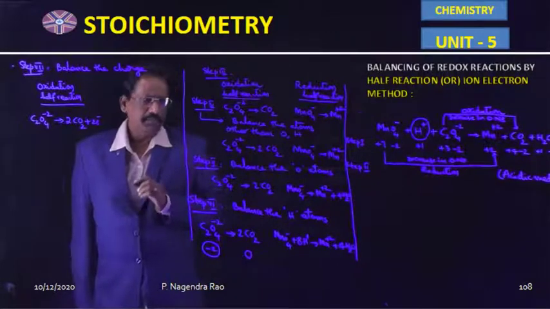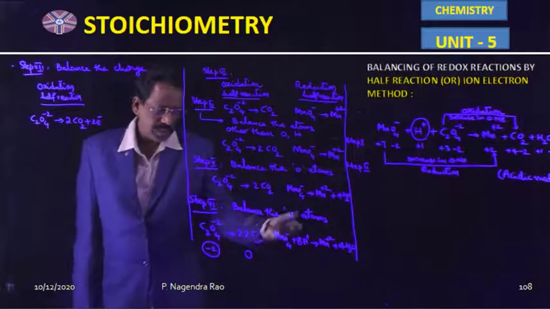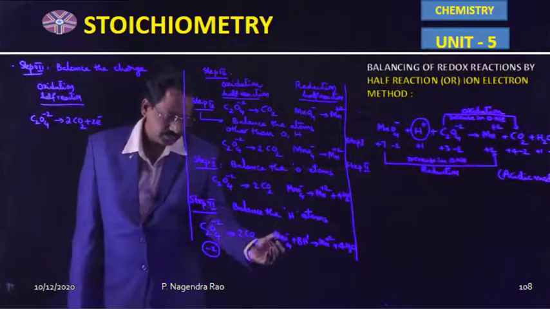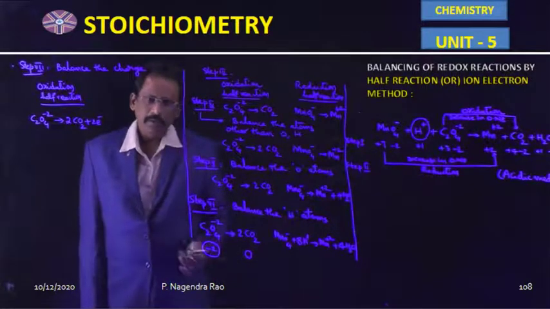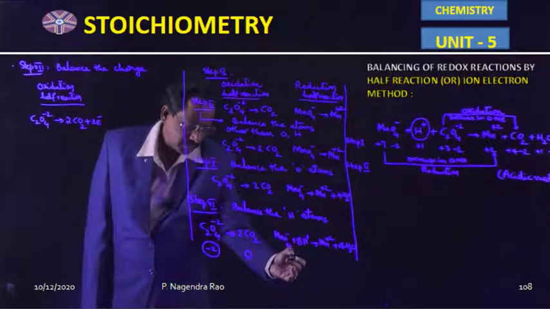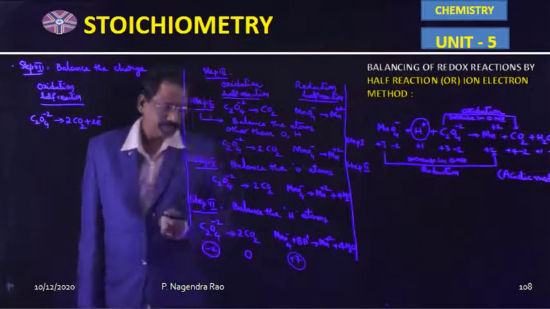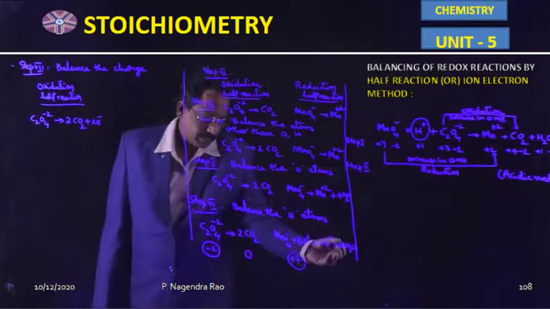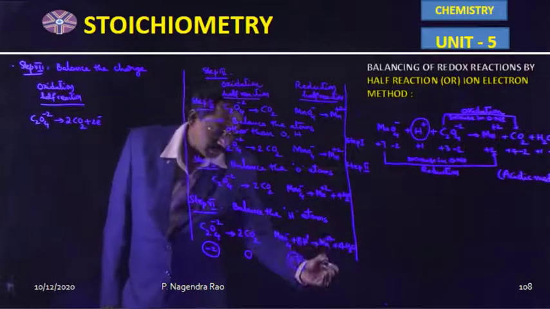In the reduction half reaction, in the reactant side, total charge is 1 into minus 1, 8 into plus 1. That is equal to plus 7. Now here for a water molecule, charge is 0, and the product side Mn has plus 2.